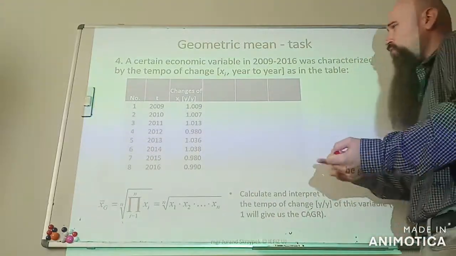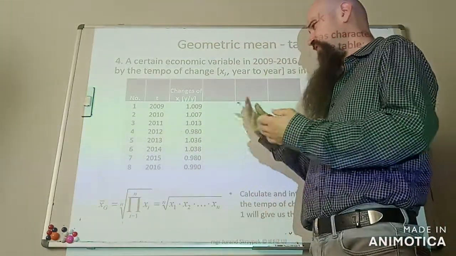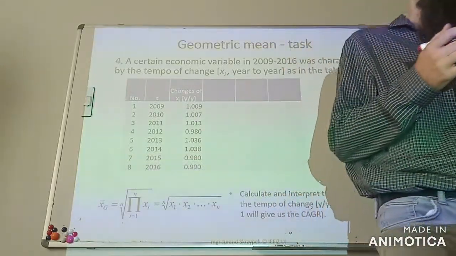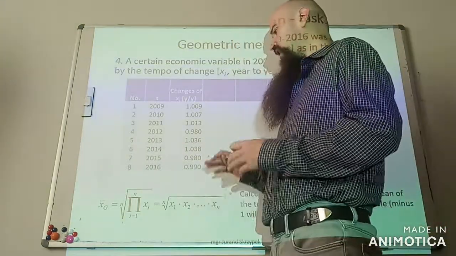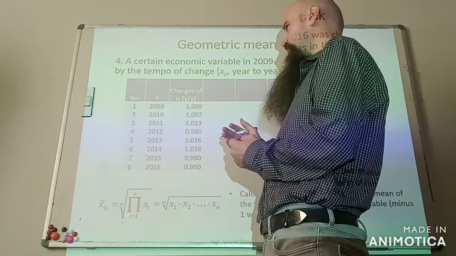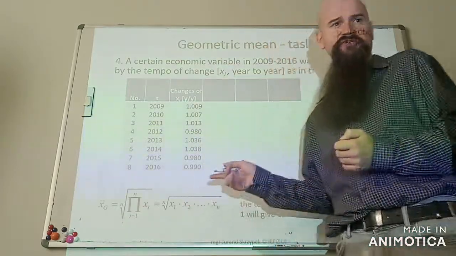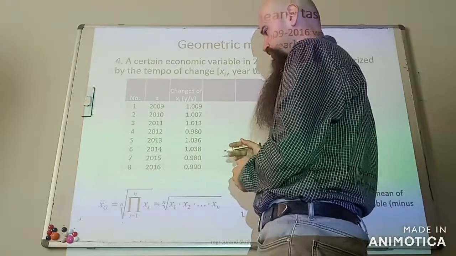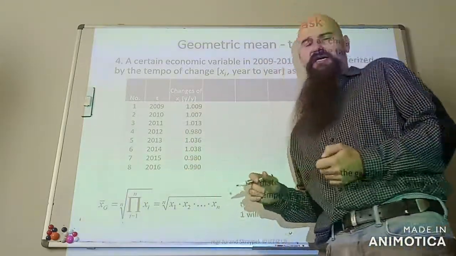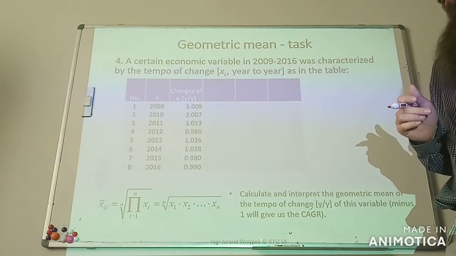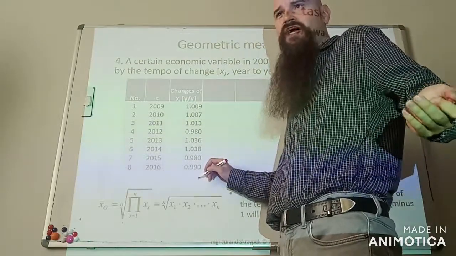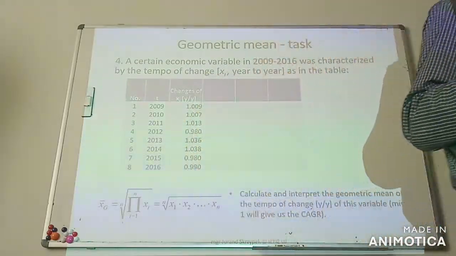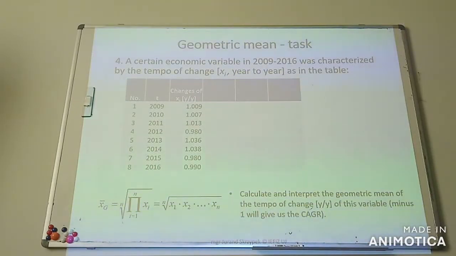And we see here year-by-year changes of our economic variable, but we need a synthetic measure, an average change expressed in percents, an average change in this period of 2009 to 2016. As we have here a lot of values, we need one synthetic value which expresses the average yearly change of the economic variable.